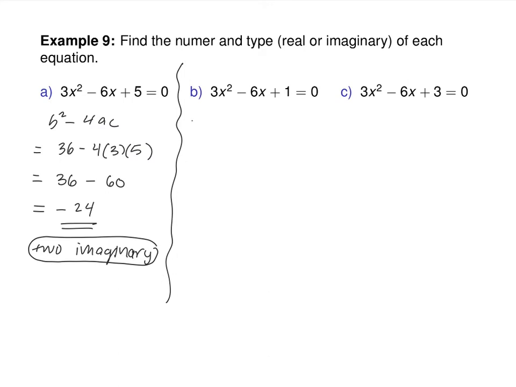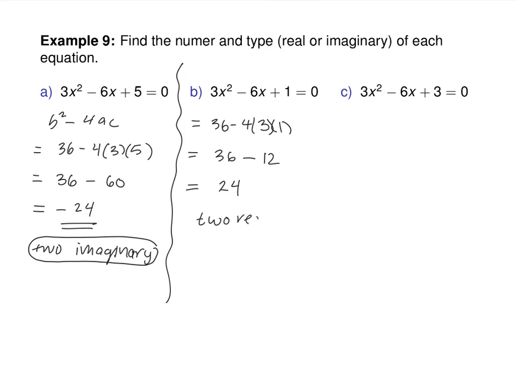Okay, how about this next one? It'll be 36 minus 4 times 3 times 1, is that right? So that's 36 minus 12, right? Which is positive 24. So are there going to be real or imaginary answers you get? Real, and how many of them? 2.